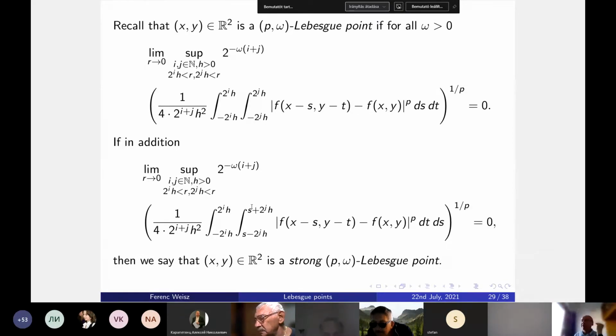It is over a parallelogram. I divide again by the measure of the parallelogram. So I need additionally this definition of this limit.